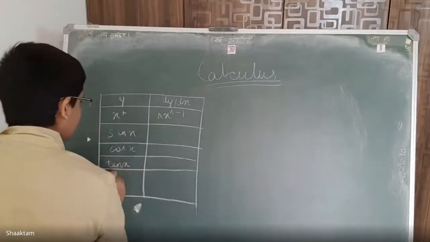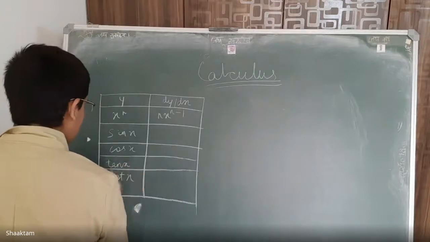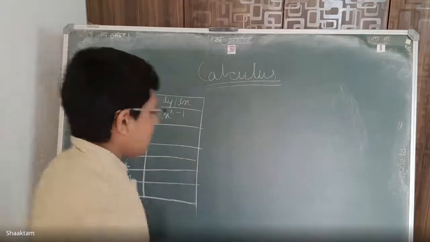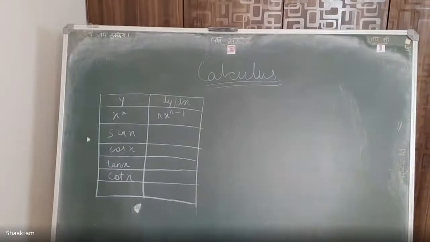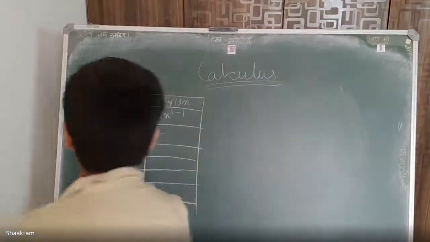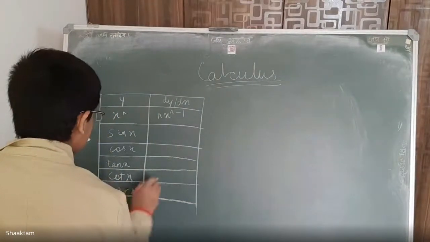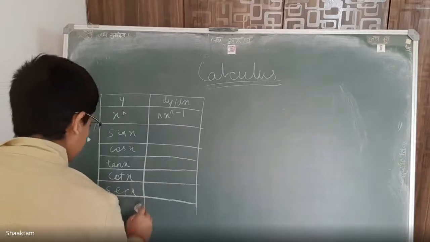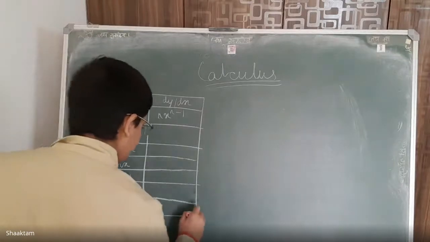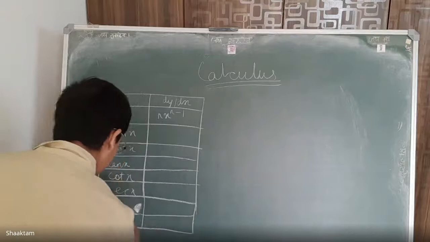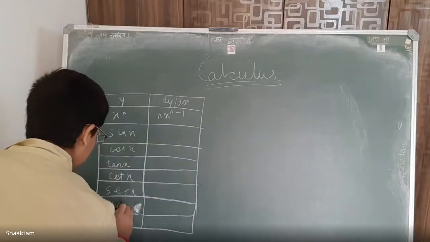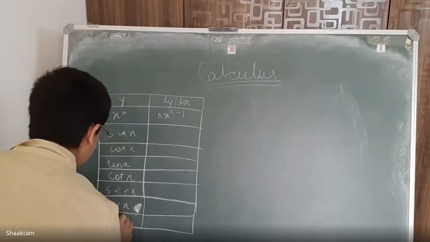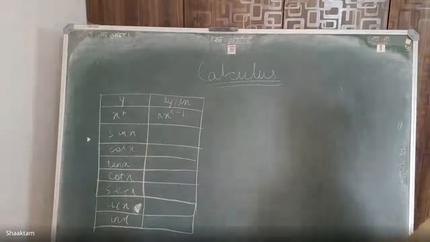When I tell you about the other rules, they can be proved, but for now you write them. We have tan x, we have cot x, sec x, cosec x, ln x.